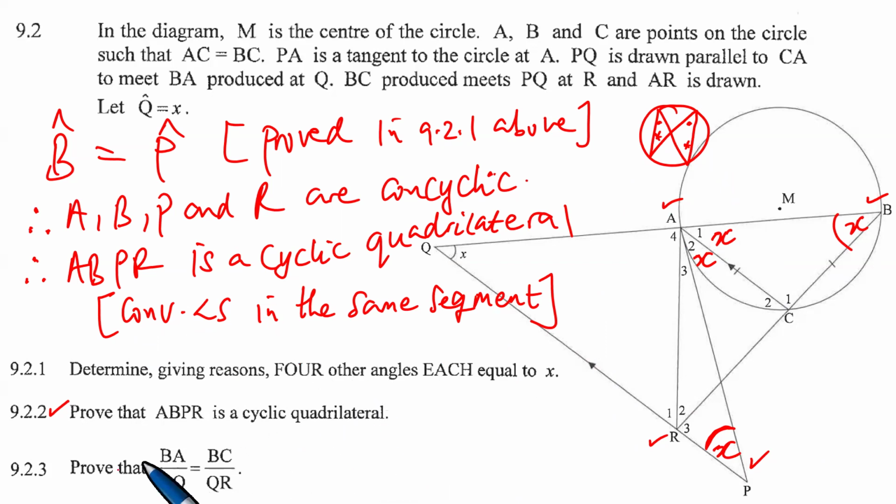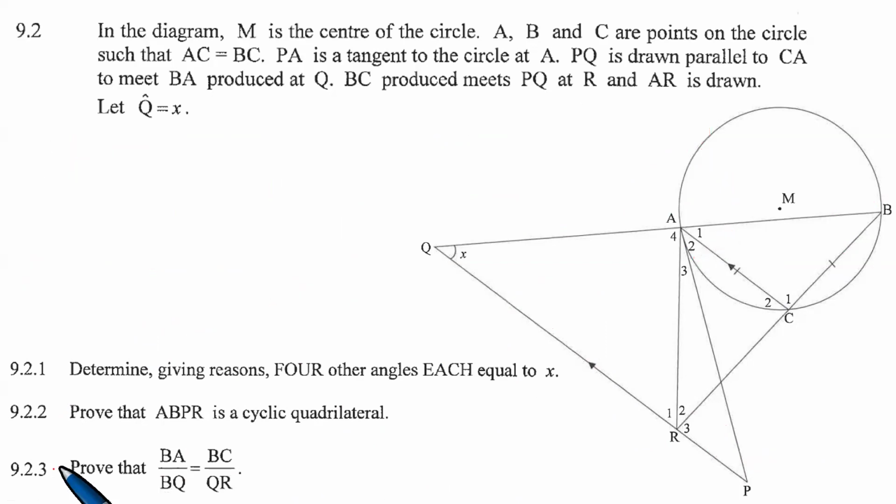We need to now do 9.2.3. We need to prove that BA over BQ. Let's do that very attentively. We're looking at 9.2.3 right now. In 9.2.3, we already know some of the things. We already know this one is X, X, X, X. And we already know that these are concyclic.